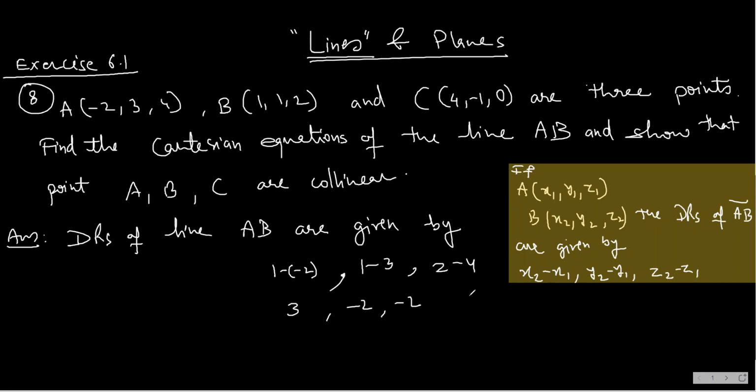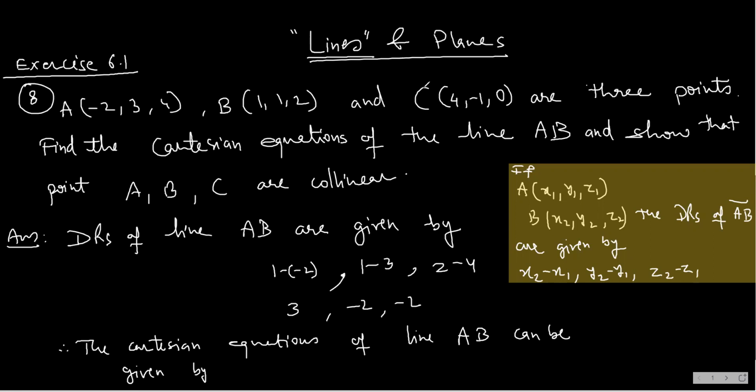Now you know the Cartesian equations are given by, therefore, the Cartesian equations of line AB can be given as x minus x1 upon a1 equals y minus y1 upon b1 equals z minus z1 upon c1, right?